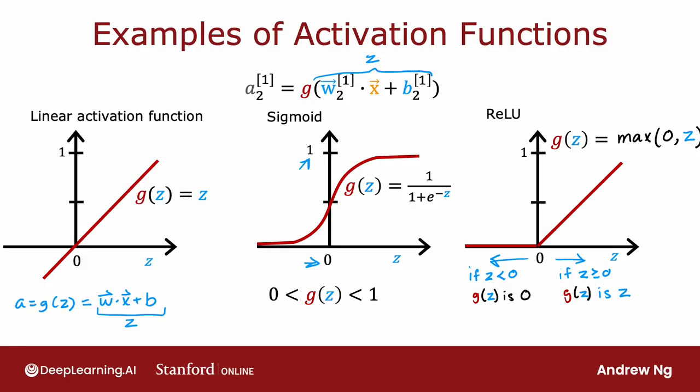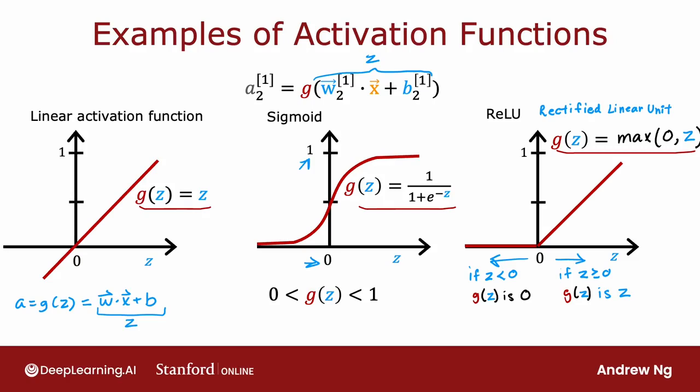Here are the most commonly used activation functions. You saw the sigmoid activation function, g(z) equals this sigmoid function. On the last slide, we just looked at the ReLU, or rectified linear unit, g(z) equals max(0, z). There's one other activation function which is worth mentioning, which is called the linear activation function, which is just g(z) equals z.